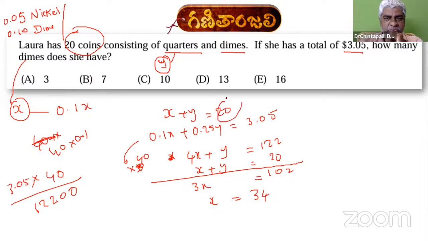Sorry, that is not correct, because the total number of coins is 20 only. Let's check the subtraction. Is 122 correct? It's 3.05 times 40, 122, into 5.